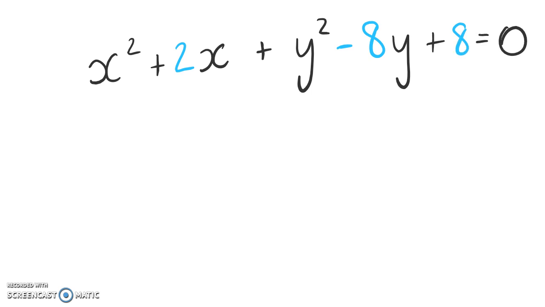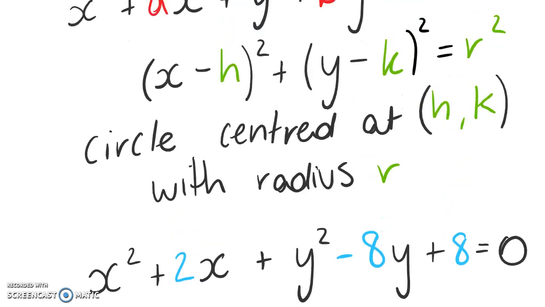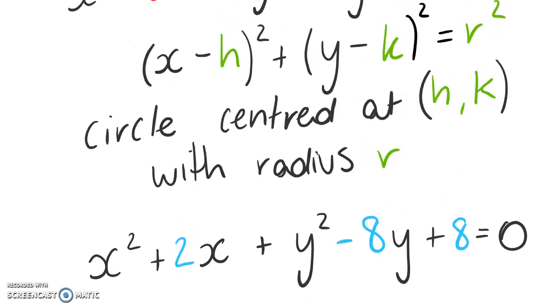So here's our expanded form of our circle equation. What we want to do is work with this and work out what it looks like if we put it into something that's nicer with those green letters there instead.